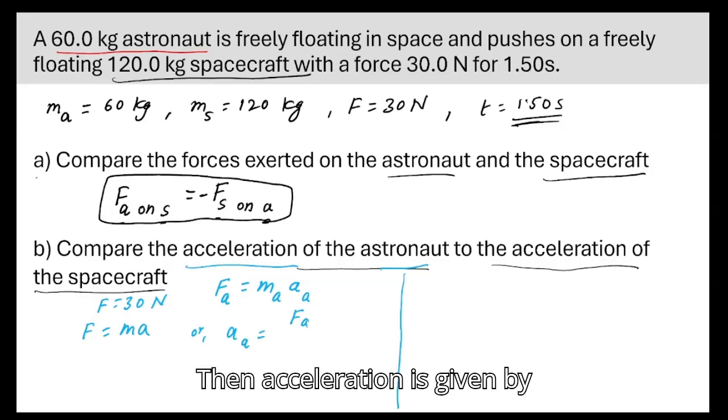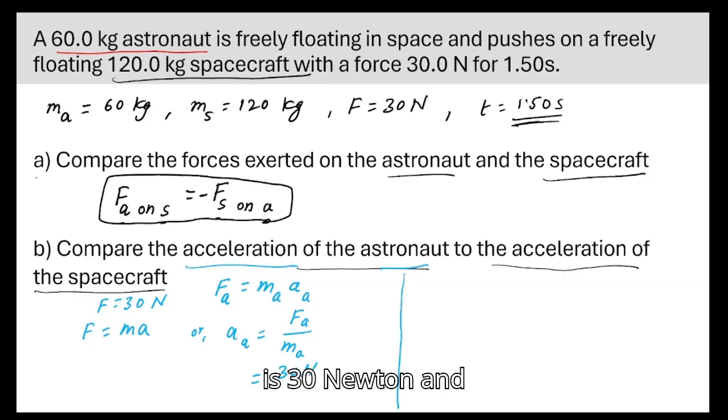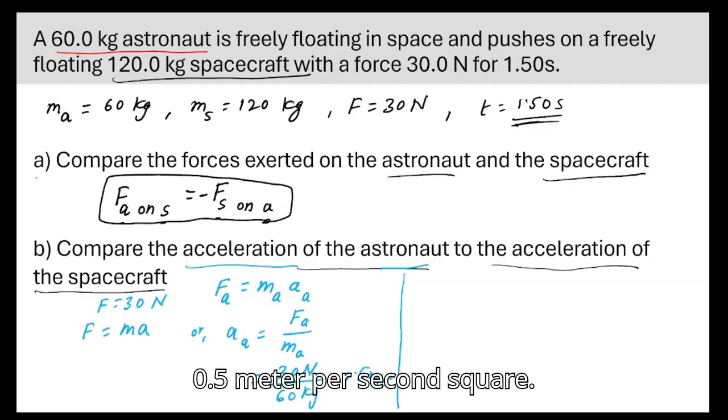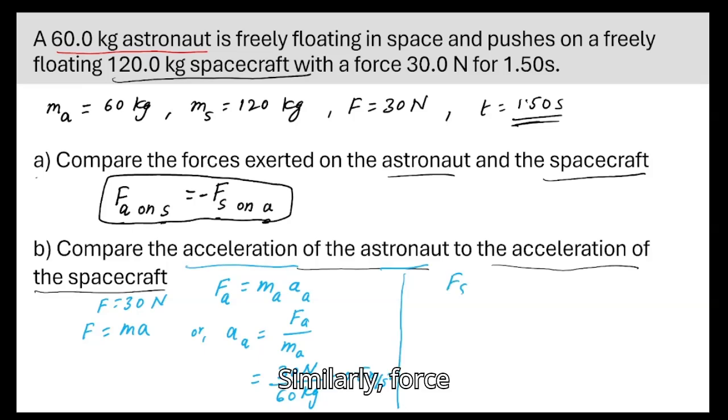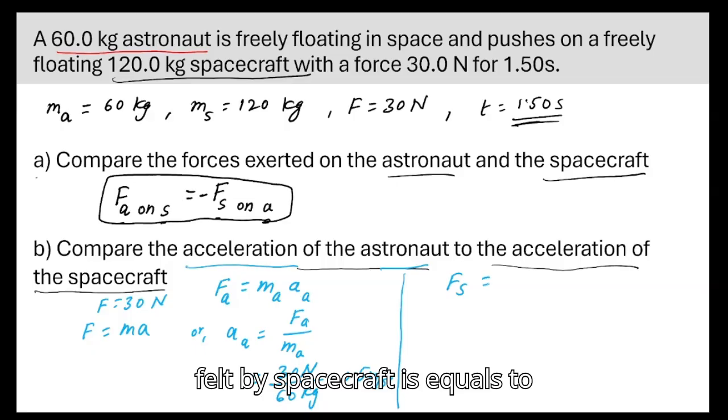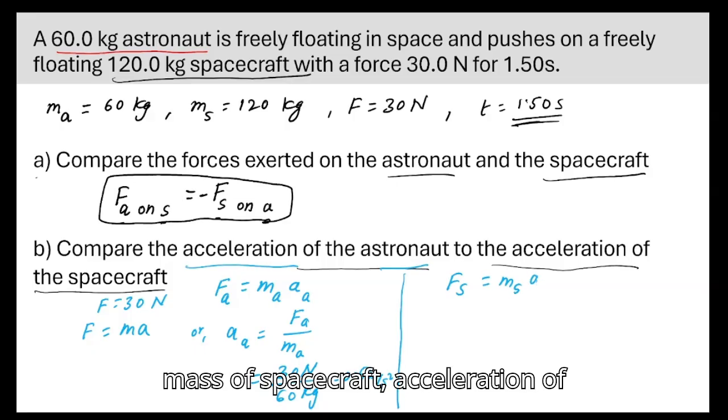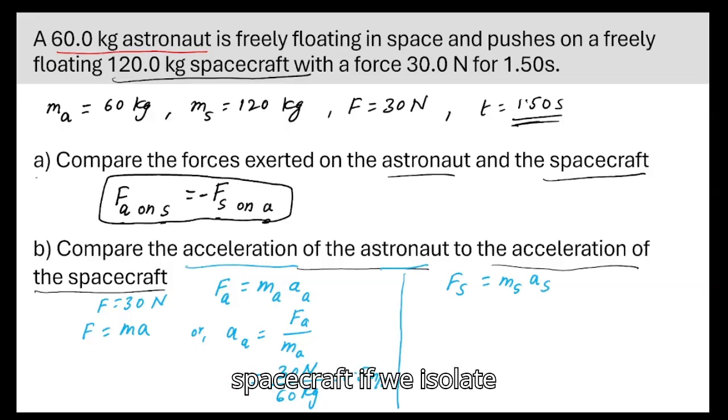Then acceleration is given by force over mass, and force is 30 Newton and mass is 60 kilogram, which gives us 0.5 meter per second square. Similarly, force felt by spacecraft is equal to mass of spacecraft times acceleration of spacecraft.